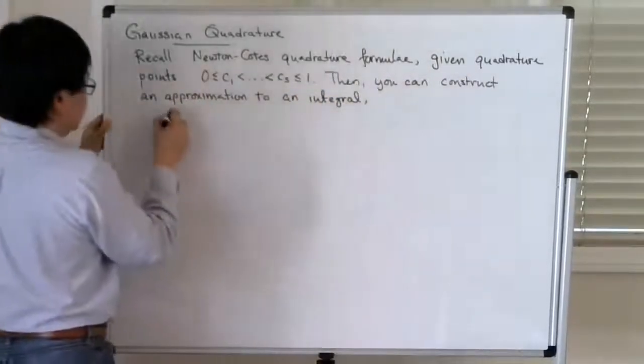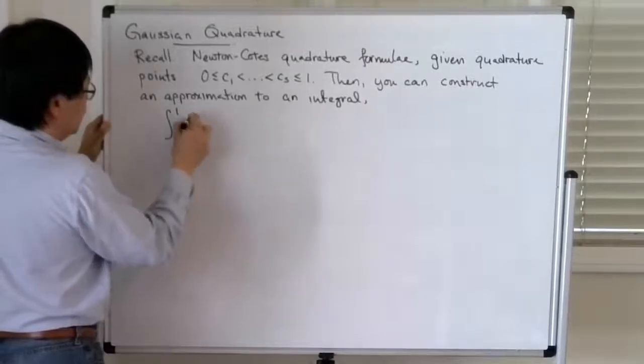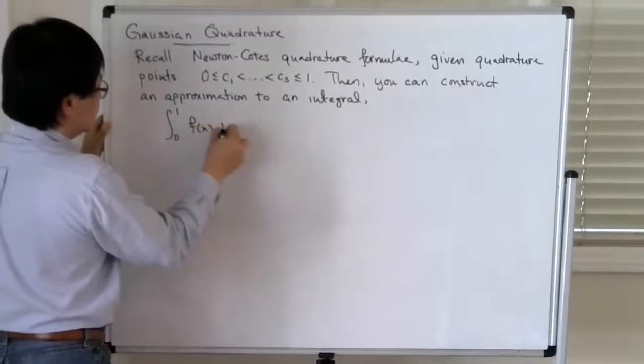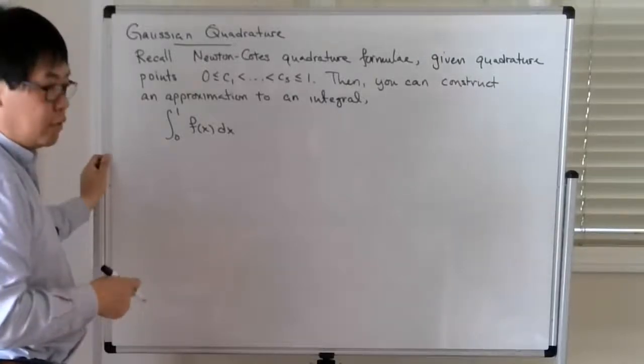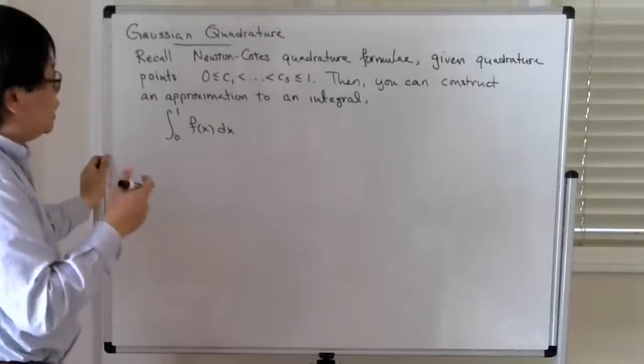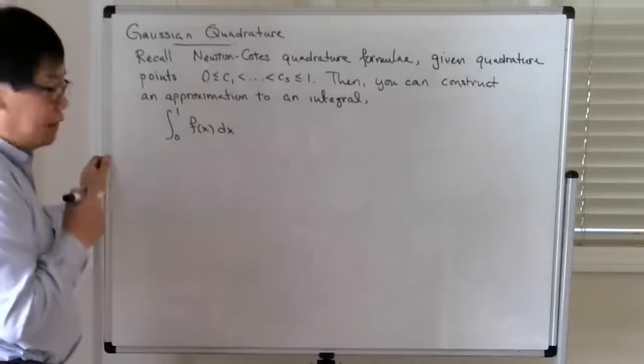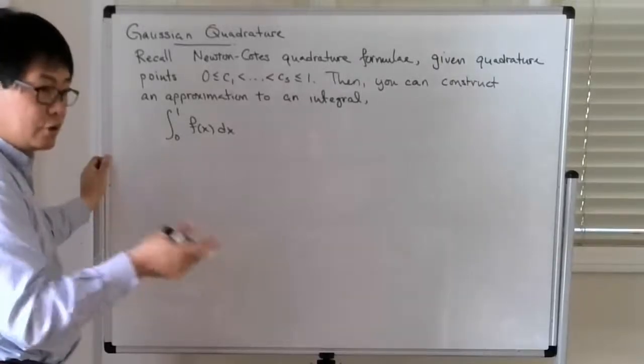If you take an integral from 0 to 1 of f of x dx, then what you can do is replace f of x with its polynomial interpolant, which is constructed by sampling f at points c1 to cs.